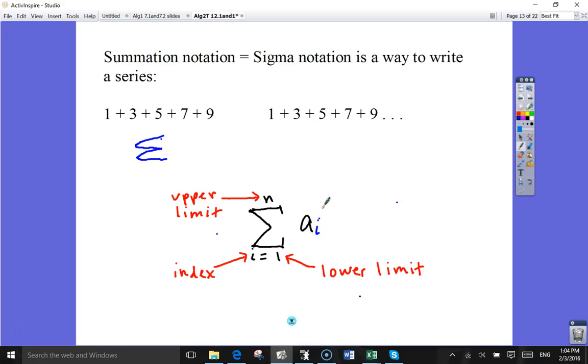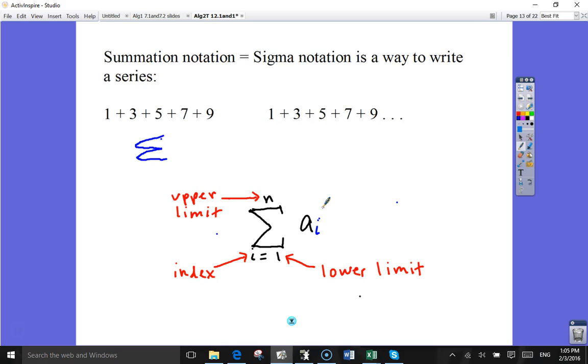In front of the sigma, there's going to be a formula for the nth term of a sequence. Whether you use n or i or k, it doesn't matter. But this letter, whatever you use for it, is called the index of the summation. So whatever that is, that's the letter you're going to see in your formula.